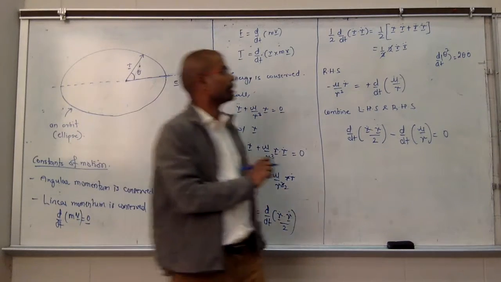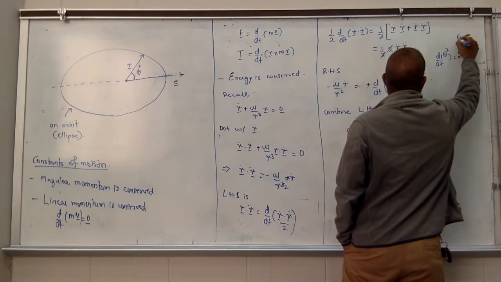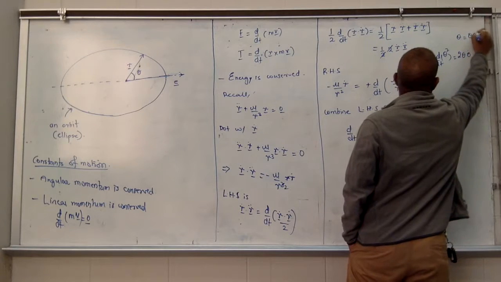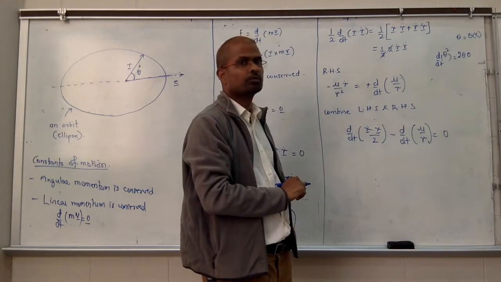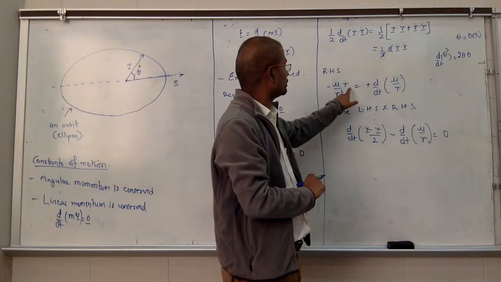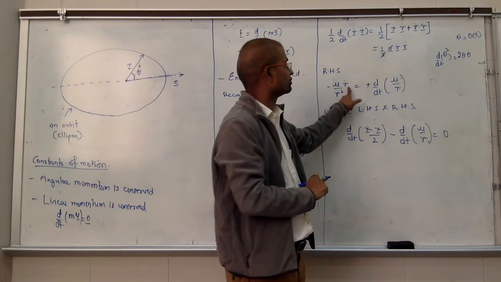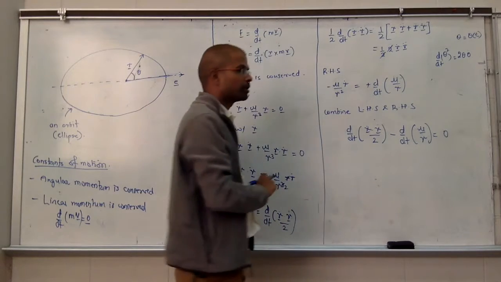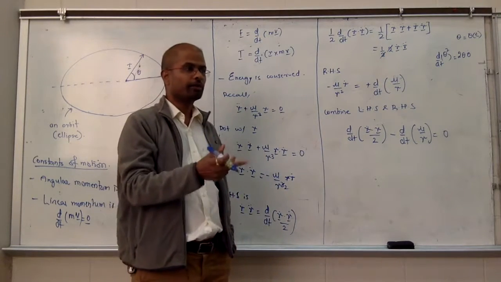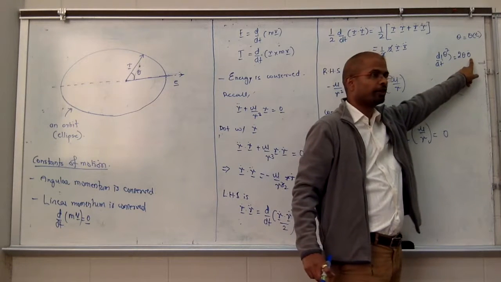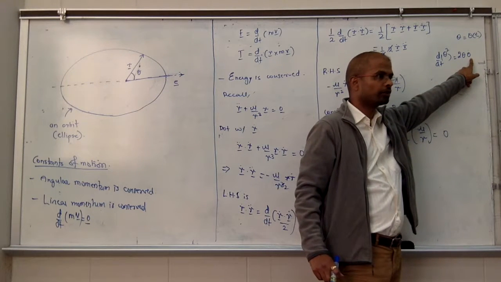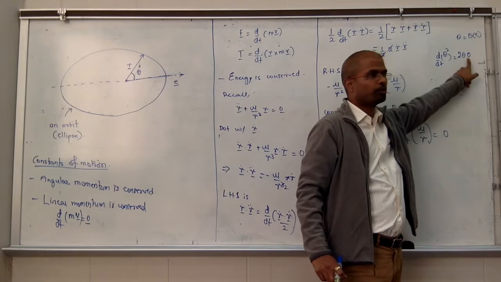If theta is a function of time. So that rule is applied here. Here r is always a function of time. So when I take the derivative, I have to complete the derivative. Got it? This you have to keep in mind, please.